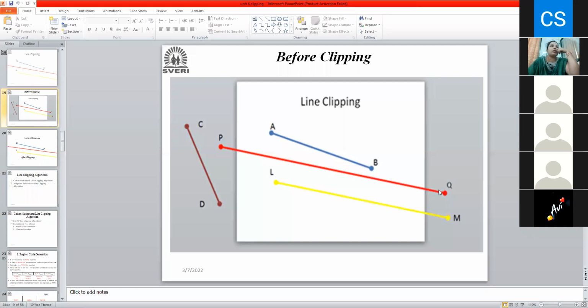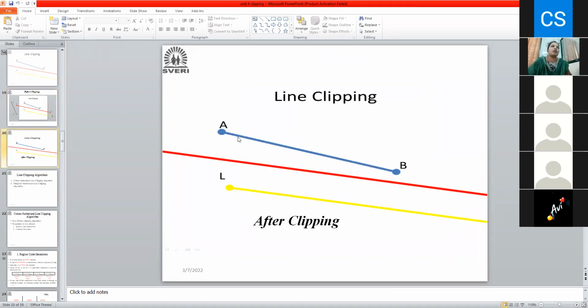For PQ line, some portion is outside, and only that outside portion is eliminated. Similarly for LM, it is a partially visible line, and only the portion which is outside the window is eliminated. And for the line CD, the whole line is outside, and that's why the line is eliminated. So after line clipping, you are going to observe the pattern like this.